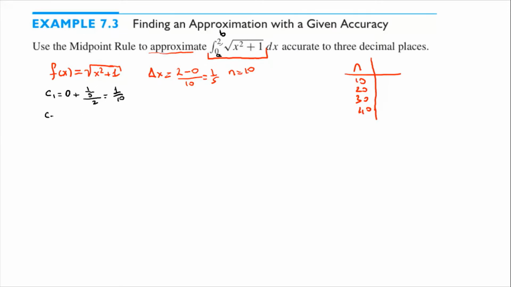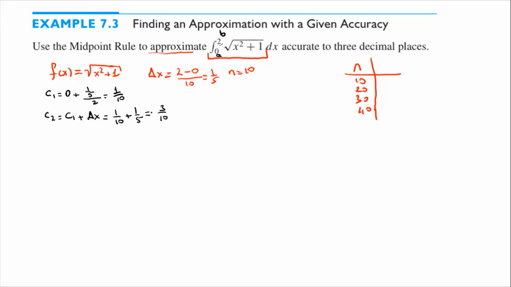So what's going to be c2 then? C2 is going to be c1 plus delta x, which is 1 over 10 plus 1 over 5. It makes 3 over 10, right?